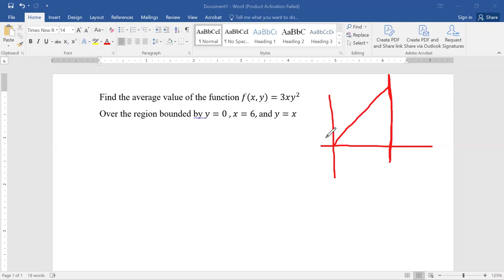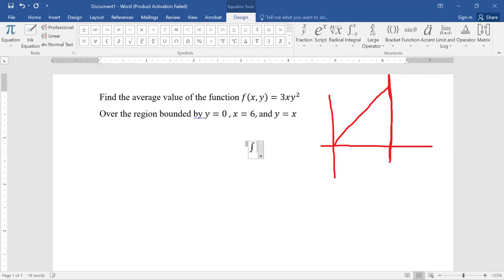Okay. So in terms of the integration, when I'm setting up my integration, let's say I want to integrate first with respect to y. That means I'm going to go from y equals 0 to y equals x. And then I'll integrate with respect to x.